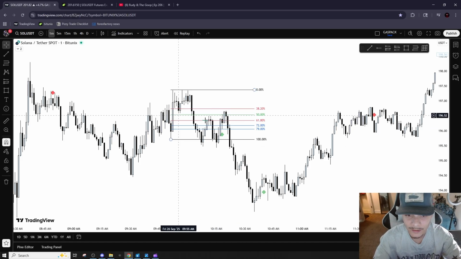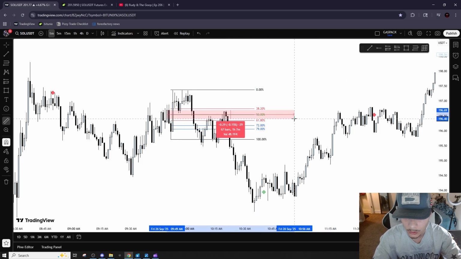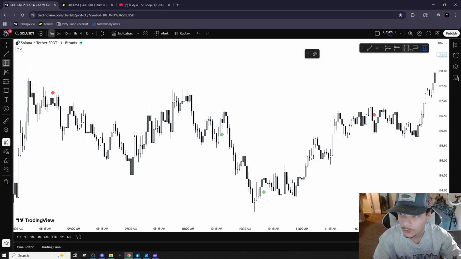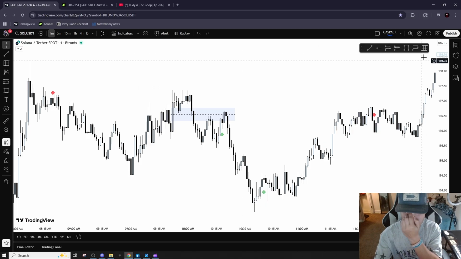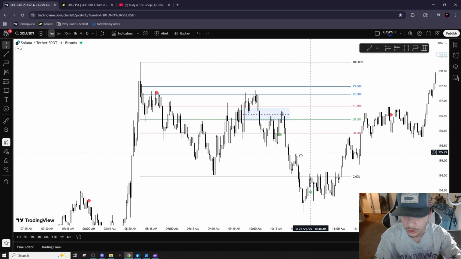We pulled back into discount of the range, which is what is discount? Equilibrium. So when we're beyond equilibrium in a downtrend, it's discount of the range. What are we also in? This BPR. And as you can see, the fib, pullback, you could have shorted here.